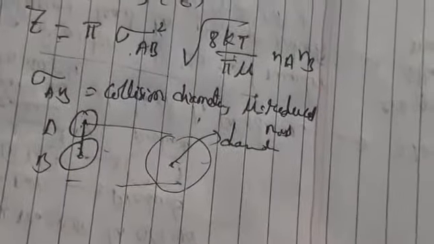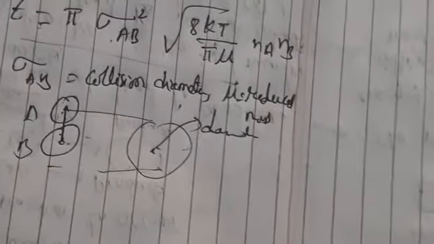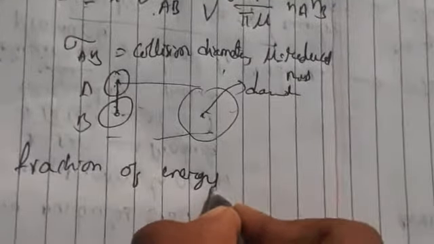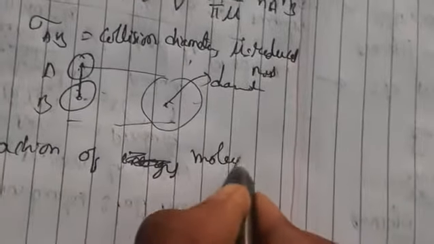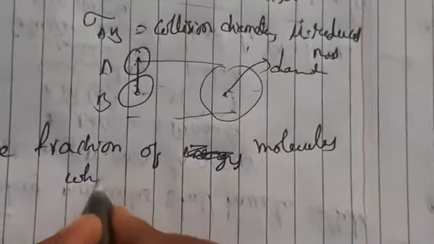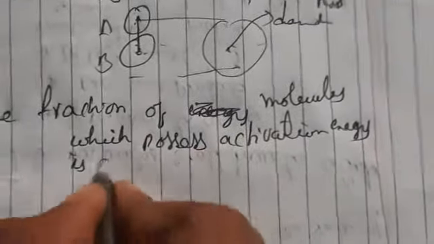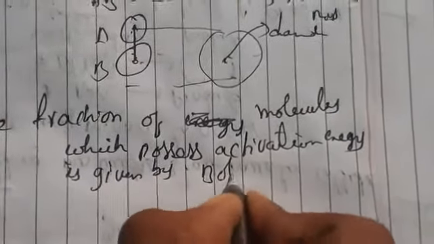Then the fraction of the molecules which possess the activation energy or more than the activation energy is given by the Boltzmann constant factor.